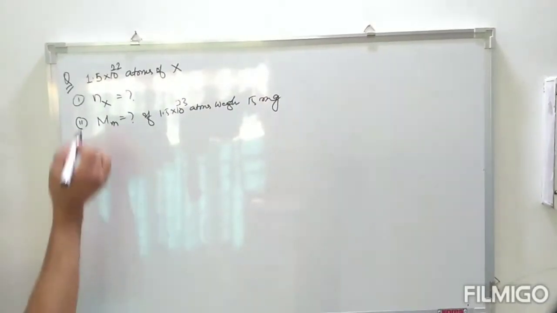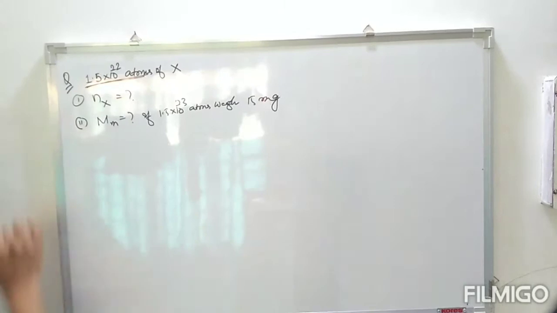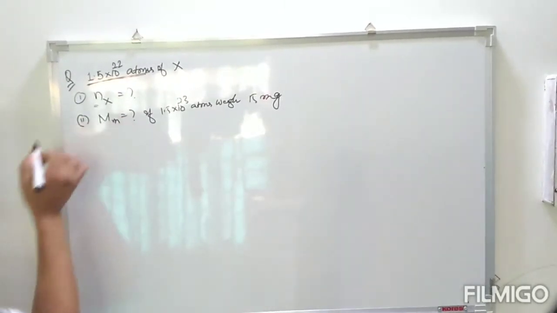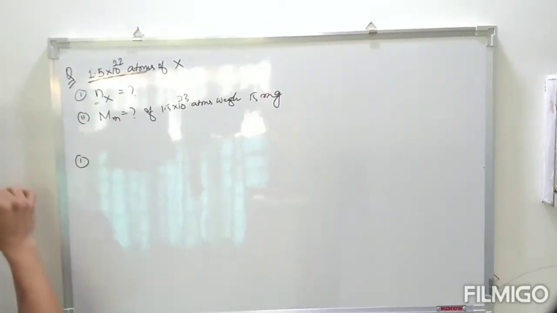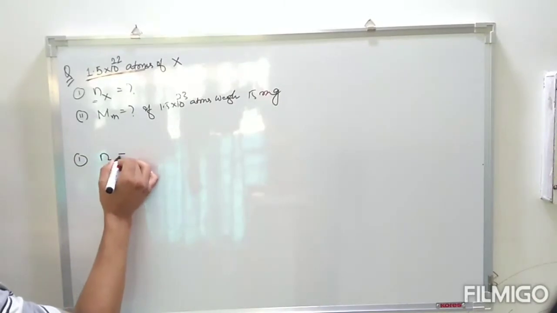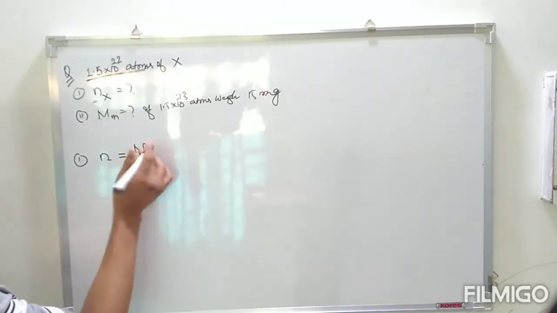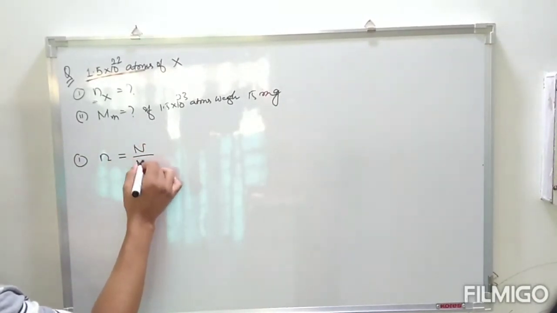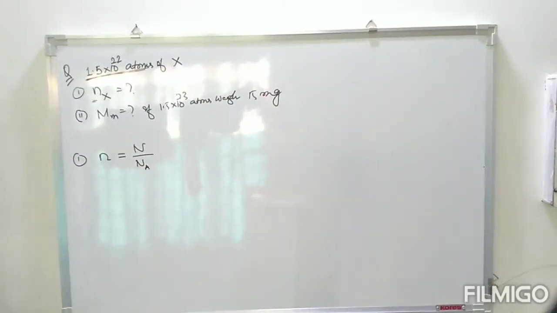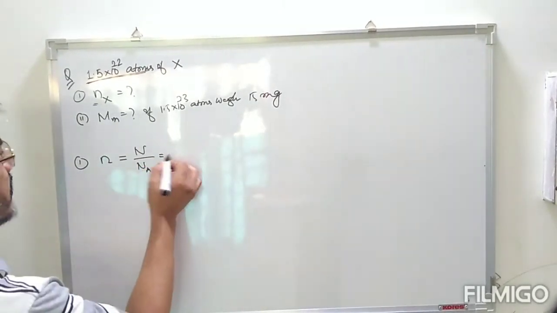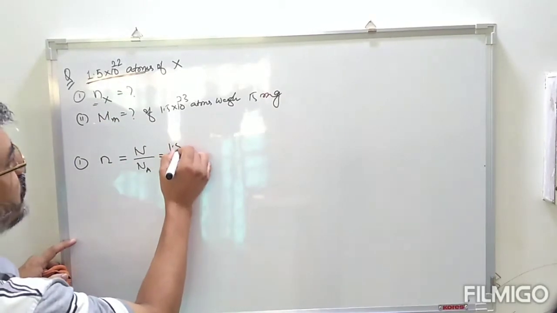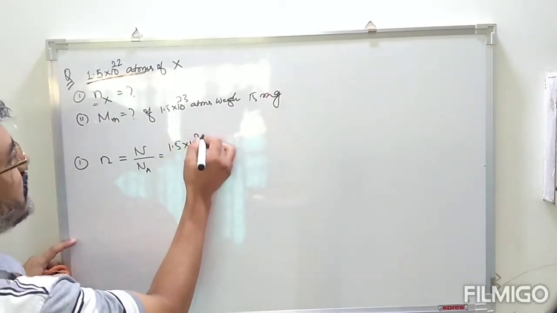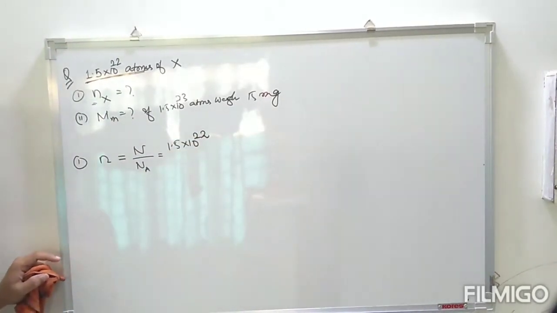So first of all, look at this. The number of particles is given. Therefore, to find the number of moles, first look at this. Number of moles is defined as the number of particles present in the sample divided by Avogadro number. The number of particles is 1.5 into 10 to the power 22.